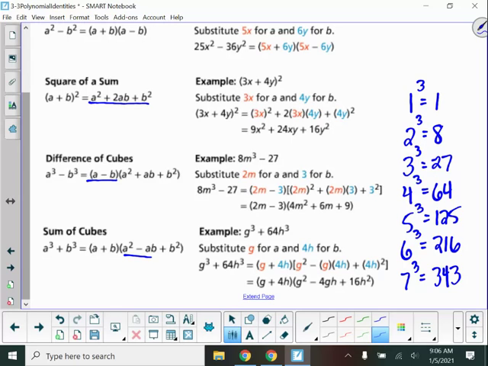Of course, 10 cubed is 1,000, 9 cubed is 729, and 8 cubed, I can't remember offhand, but that is something you probably won't have to work with too much.